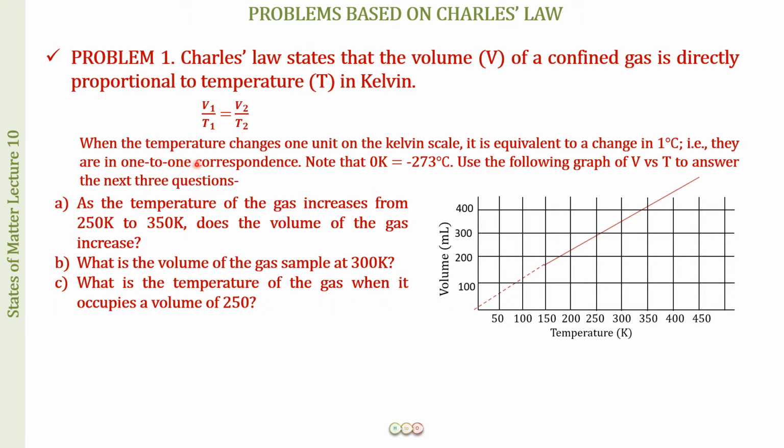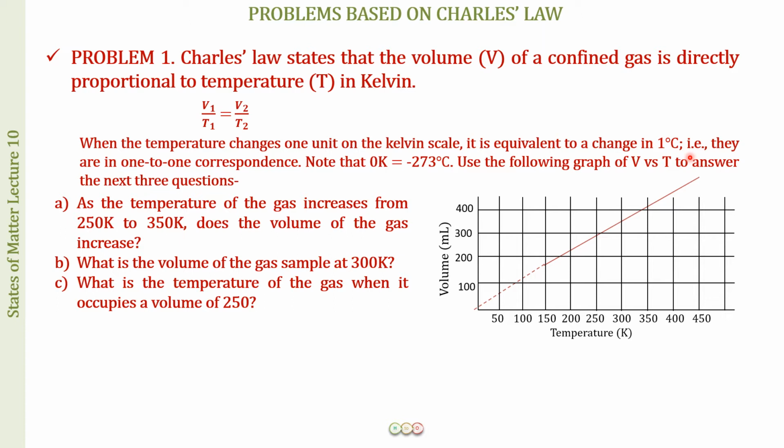When the temperature changes 1 unit on the Kelvin scale, it is equivalent to a change of 1 degree Celsius. They are in 1-to-1 correspondence. I hope you can understand this. For example, if we have a temperature of 0 degrees Celsius and we increase the temperature by 1 degree Celsius, the change is 1 degree Celsius. 0 degrees Celsius corresponds on the Kelvin scale to 273 Kelvin and 1 degree Celsius would be 274 Kelvin.